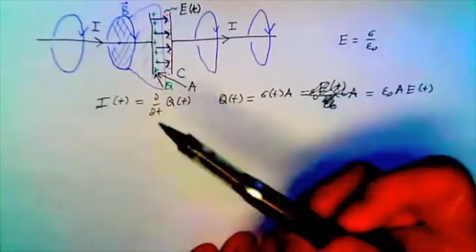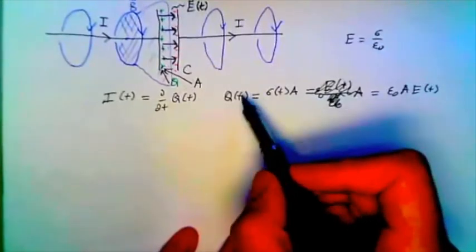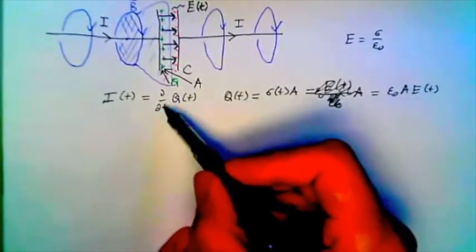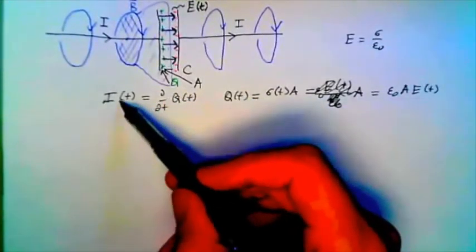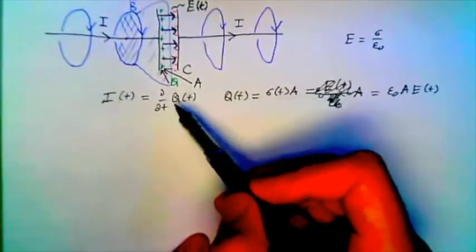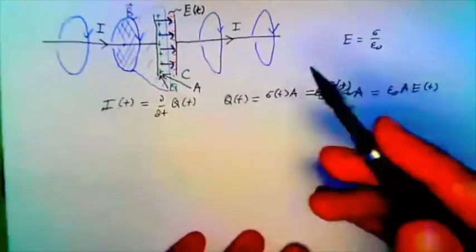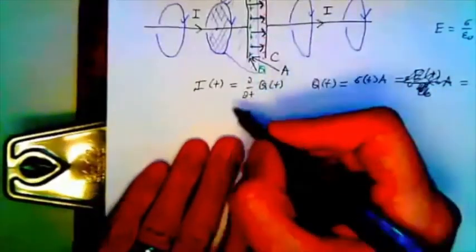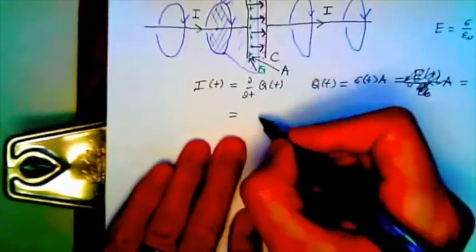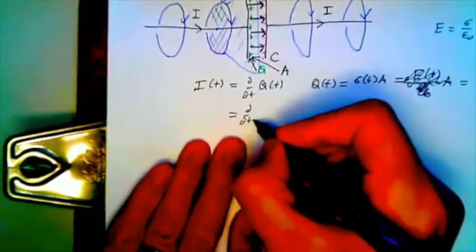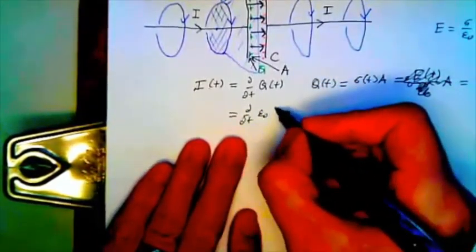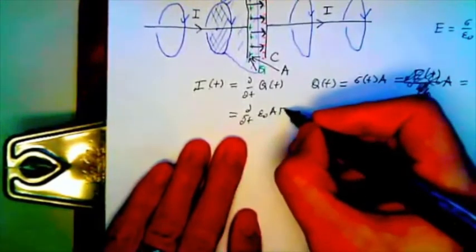Okay, so we have now some description that couples the charge on the plate with the electric field that is in the region between the two plates. And now we can say, well, if we want to convert this description of a current, instead of using the actual charge here on the plate, can we describe it as a function of what's happening in the field? And we can, because we can just take the derivative. So we take a d/dt of epsilon naught A E of t.